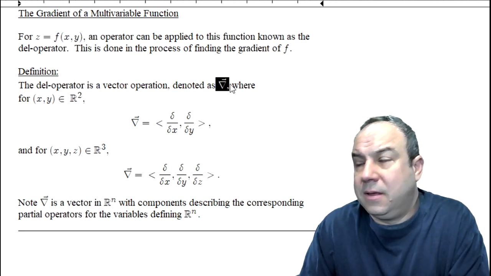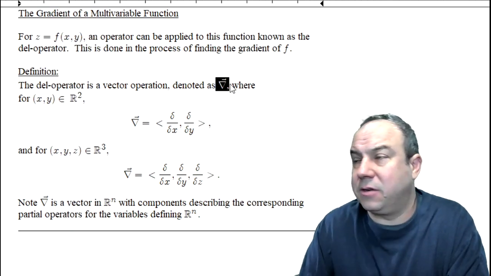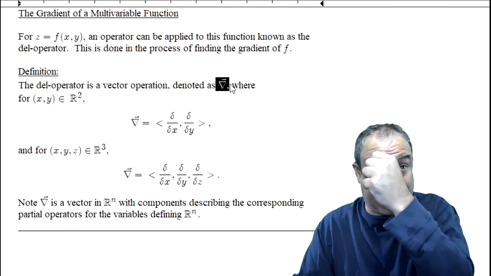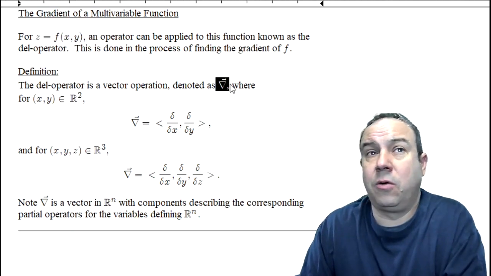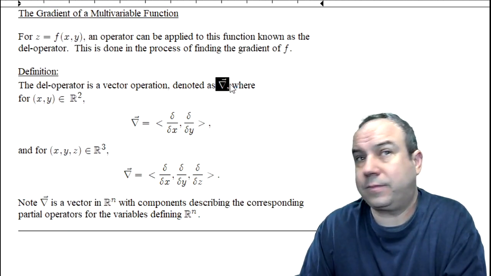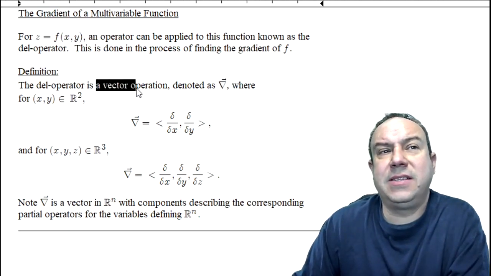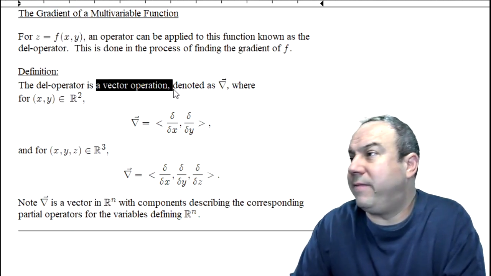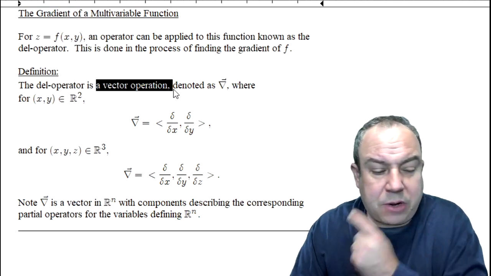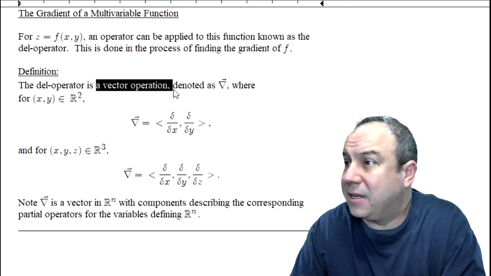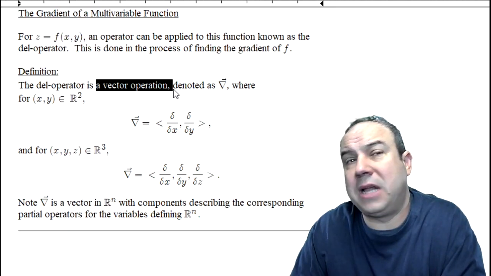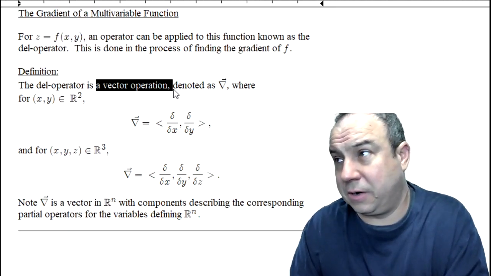When we see that written with the vector notation over top of it, it is highlighting what we call the del operator or the del vector, which is what's known as a vector operation. It's the first operation we encounter that's actually known as a vector operation. It's an operation that applies itself in the form of a vector.